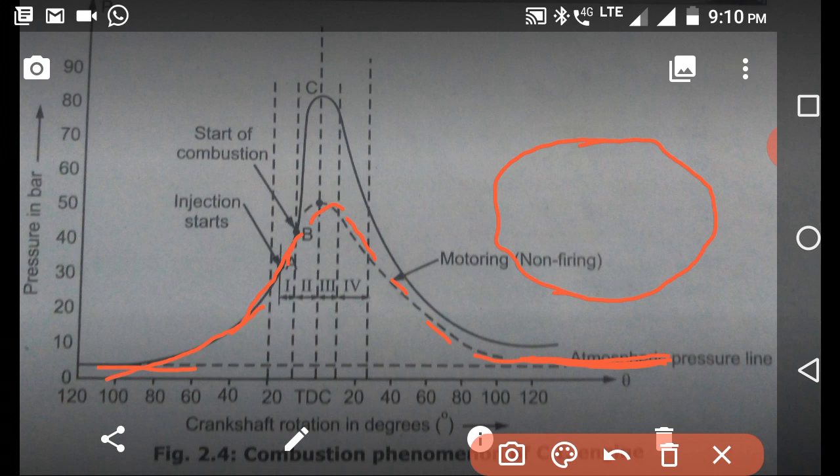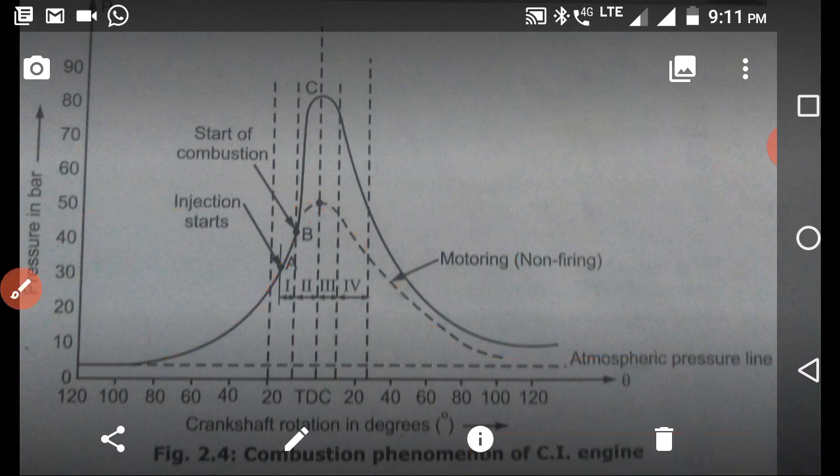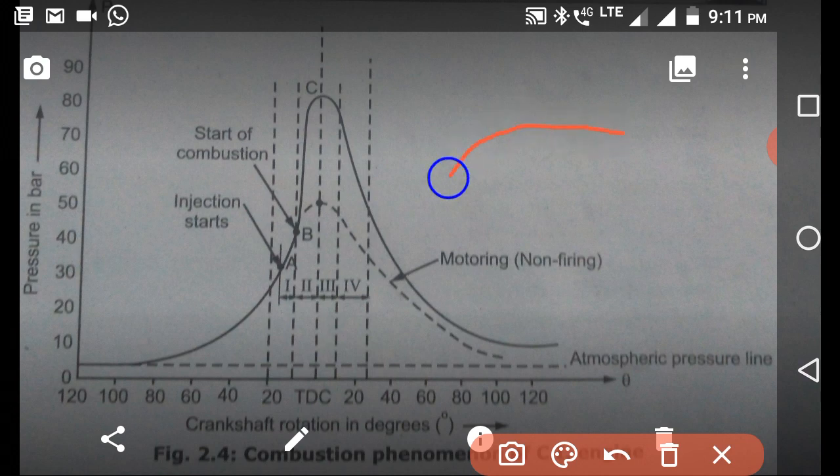This compression will occur from atmospheric pressure to nearly 15 bar. Okay, let it be. So this is the compression curve shown over here. If no firing is occurring, if combustion is not occurring there, it will follow this curve. Now we will draw the cross section of combustion over here.